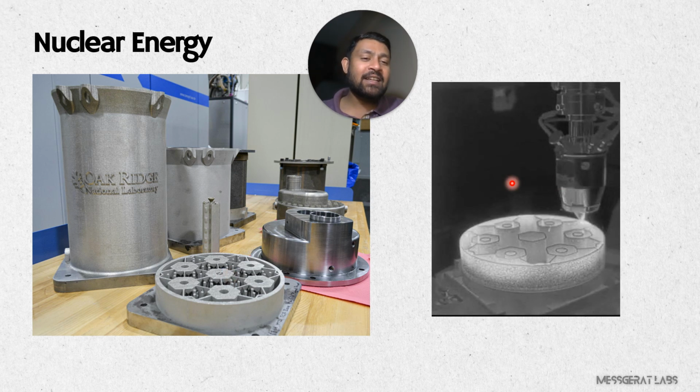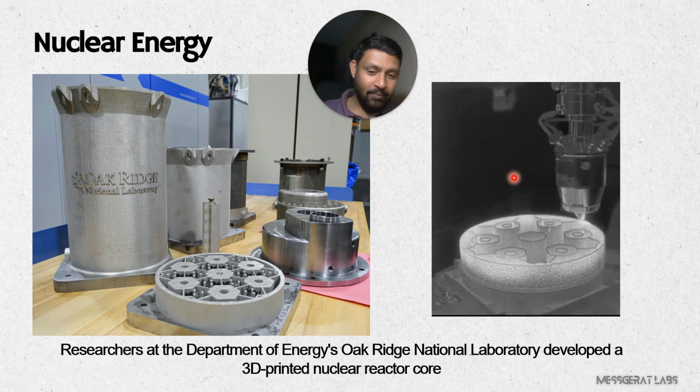Now, what you see on the right hand side is the 3D printing process being thermally imaged to detect defects. Since it is nuclear science and very critical when it comes to engineering, the utmost care is given to in situ quality inspection.